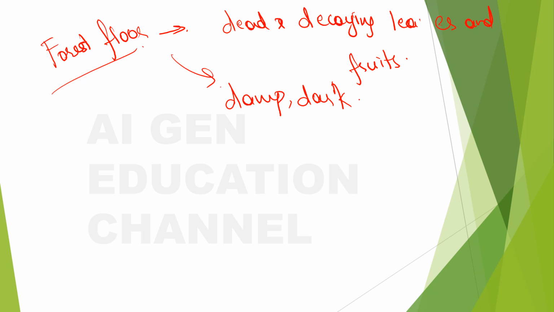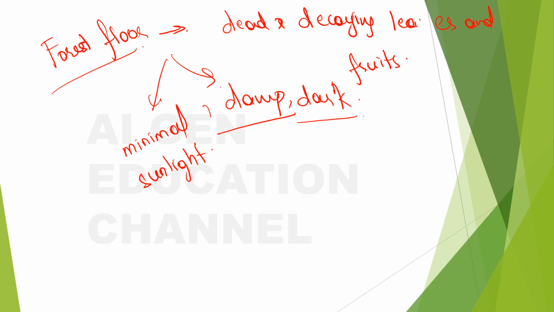And here you can find many types of plants, animals and decomposers. Everything will have its own adaptations, as they have to survive on very minimal sunlight, right? As the sunlight reaching this area is very minimal, the land will be damp and dark, and because of these low sunlight conditions, only some types of animals and plants can survive.